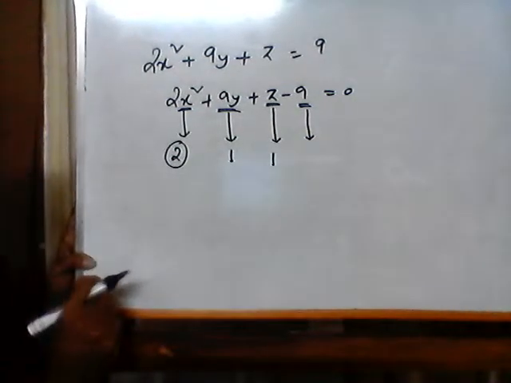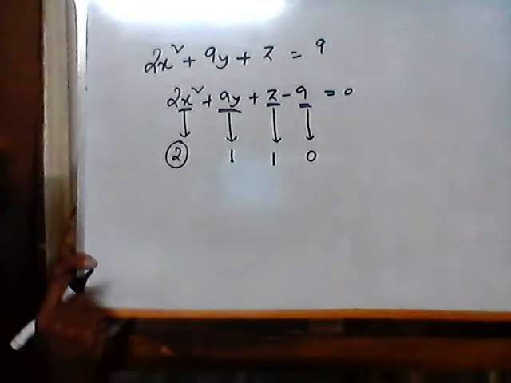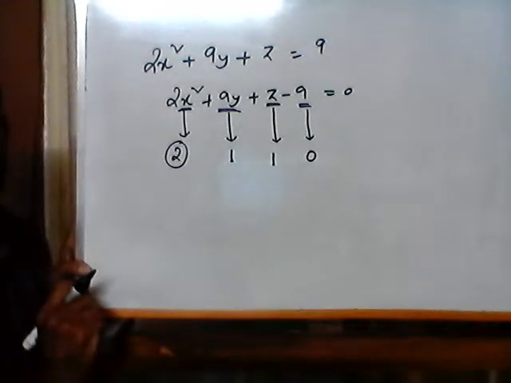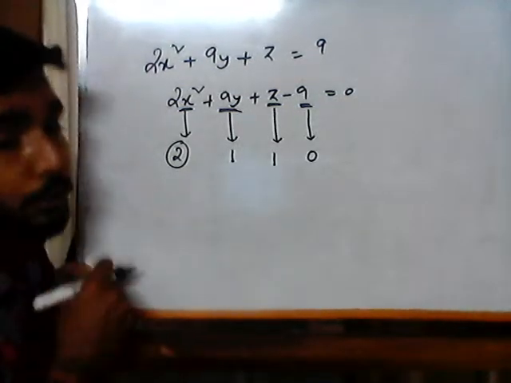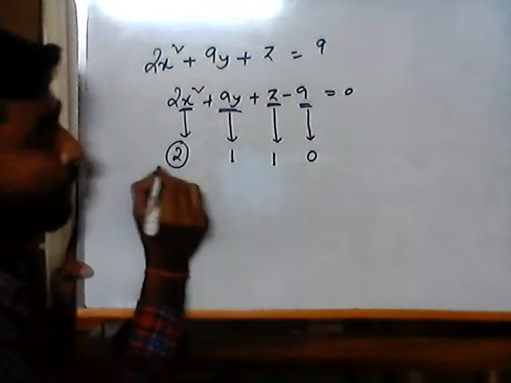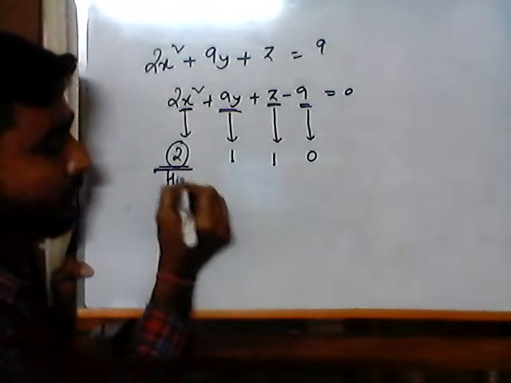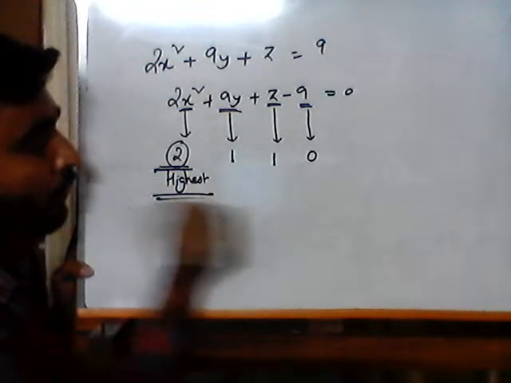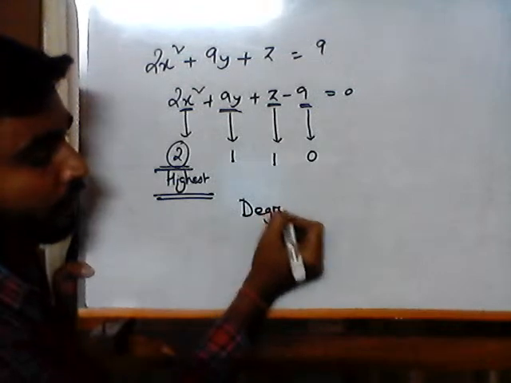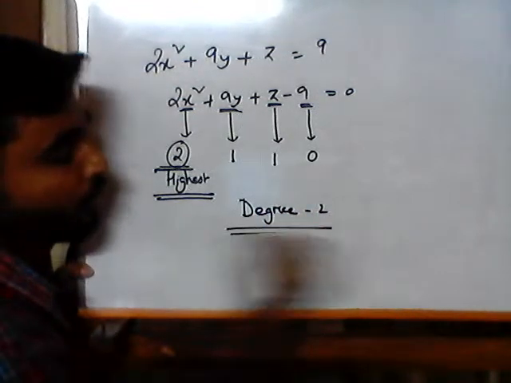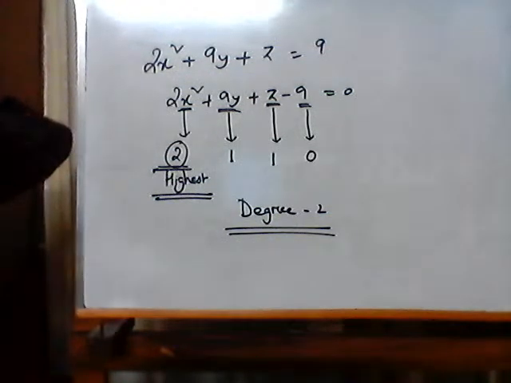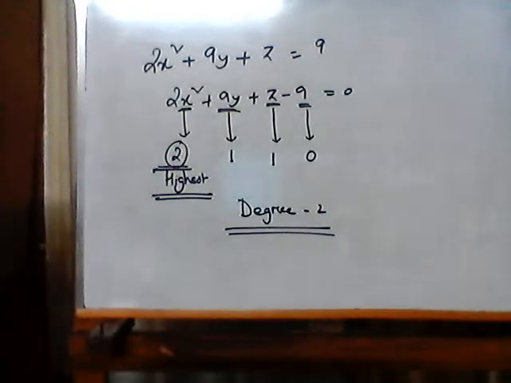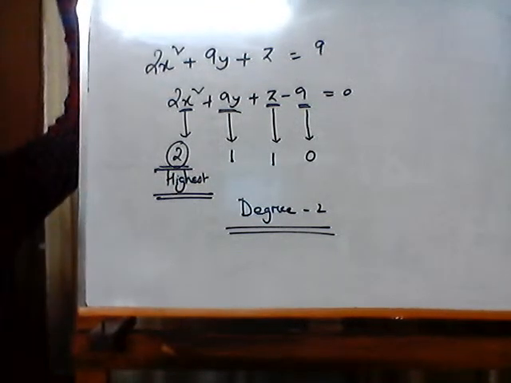It is a number and hence its power is 0. To know the degree of the equation, you should know the highest power. What is the highest power? You can see here, the highest power is 2. So the degree will be 2.